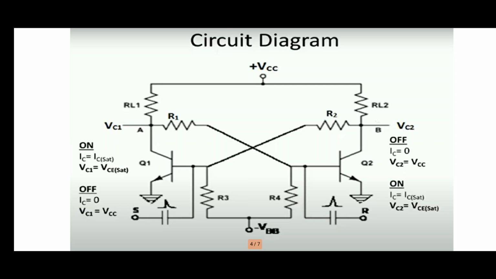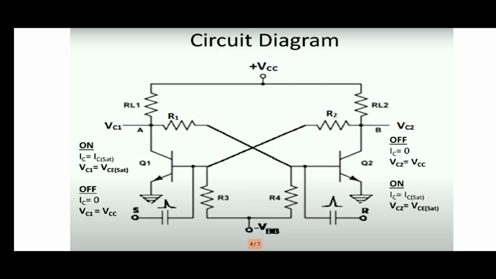Now we can see the operating principle of this circuit diagram. When we give power supply to this circuit, Q1 and Q2 start to conduct. Let us assume that Q1 is in the on condition and Q2 is in the off condition.